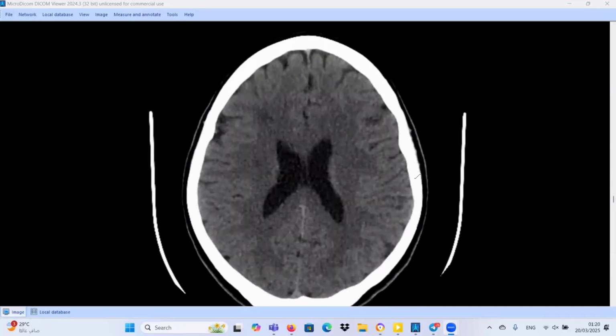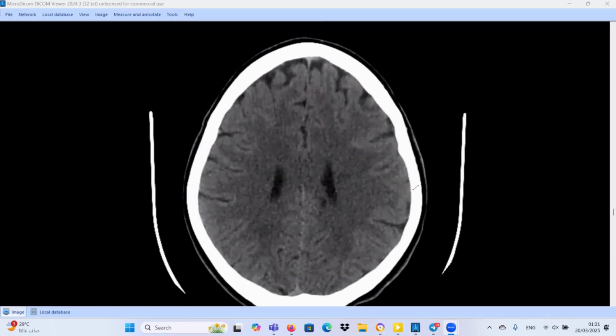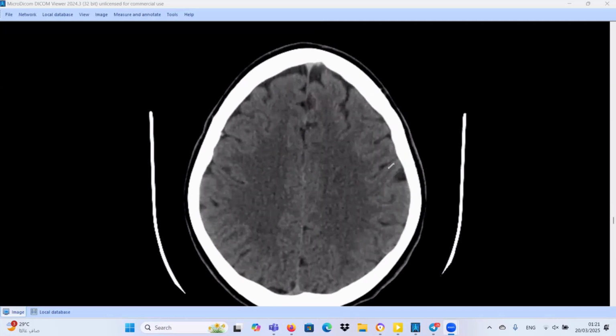But really, I have a concern at this area. I'm not sure if this one is rare or not. Ill-defined small hypodense area at the white matter. Also, maybe something like a hypodense area at the centrum semiovale.